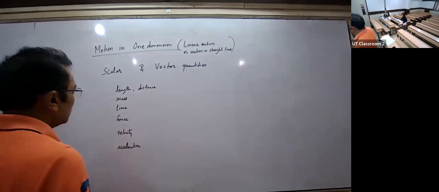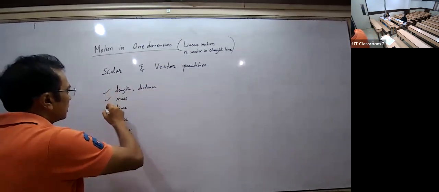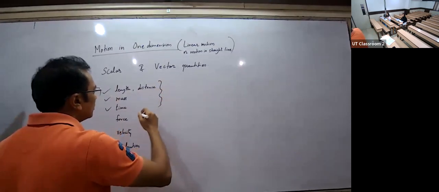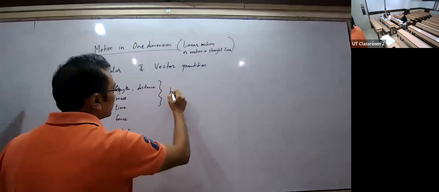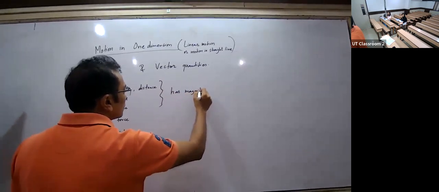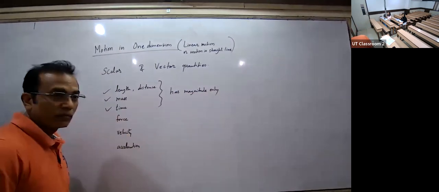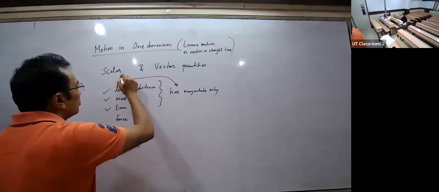So these are two sets of quantities. This set can be explained only with magnitude. All such quantities which can be expressed with magnitude only.